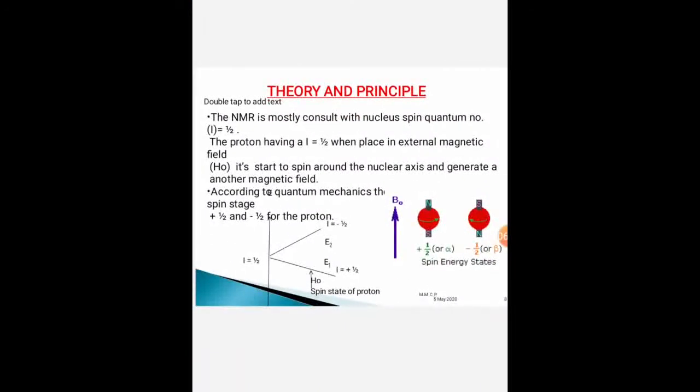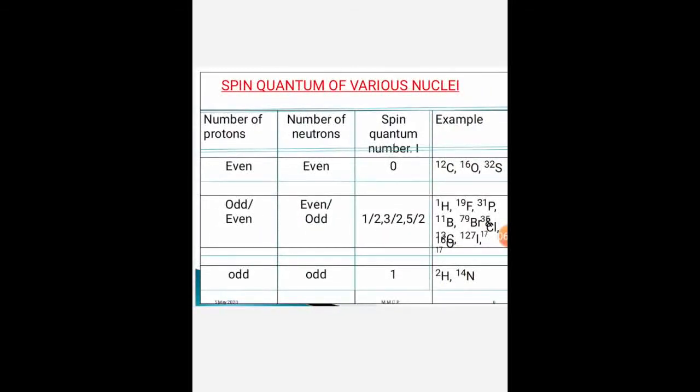Now, which nuclei are NMR active and which nuclei are NMR inactive? See here in this table, C12 has spin quantum number I equal to 0, so it is NMR inactive.